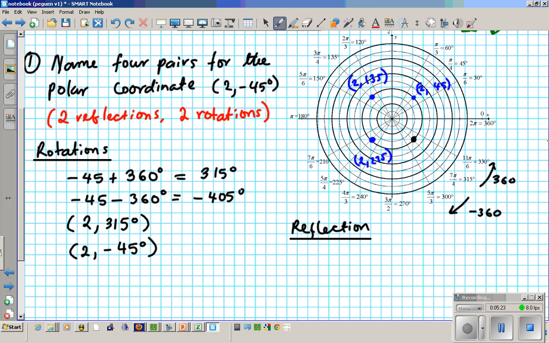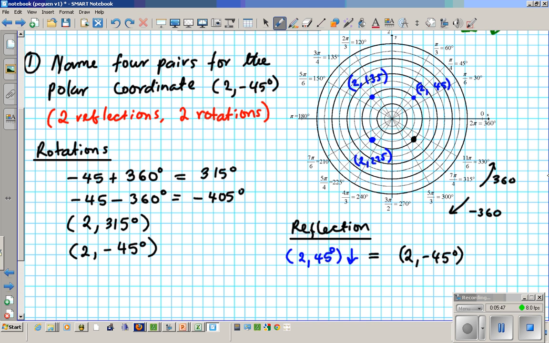Let's see, (2, 45). I need to reflect downwards to hit my target. So what do I do to the point? I negate the angle as a vertical reflection to give me (2, -45). That's going to be the first one, but I already have that there.